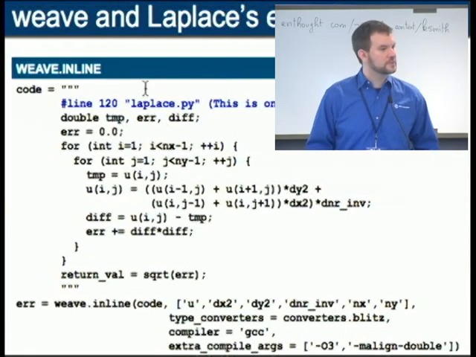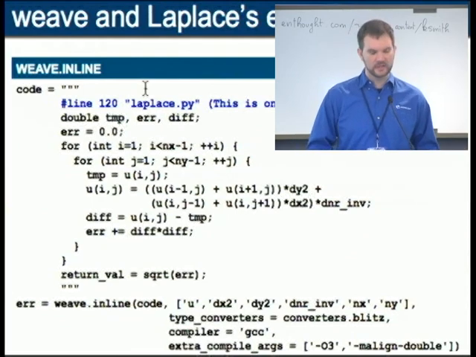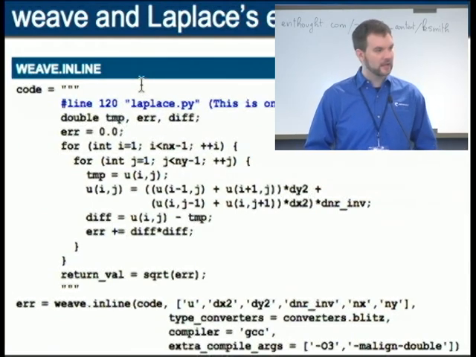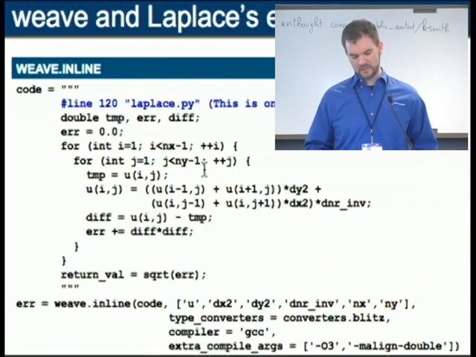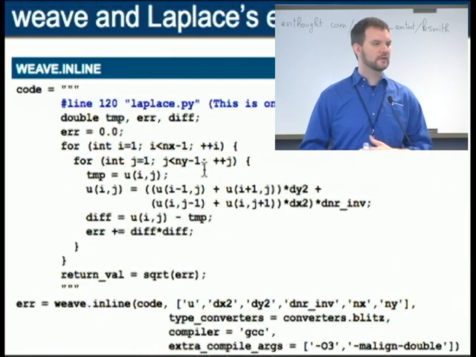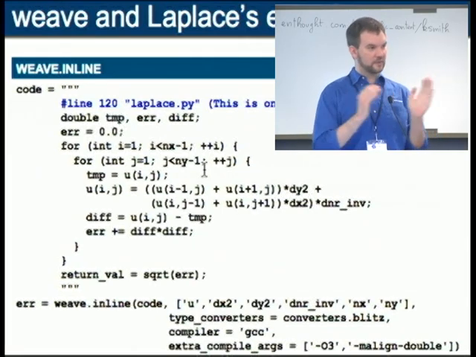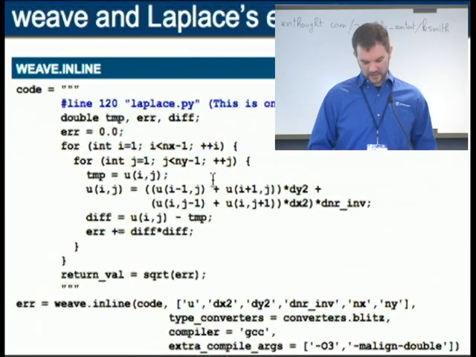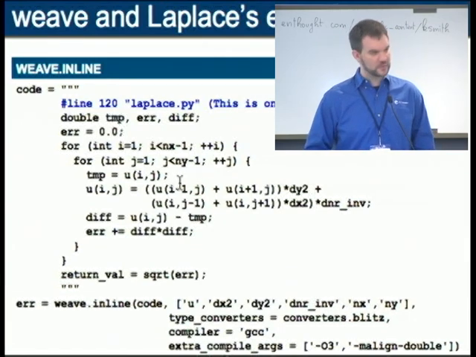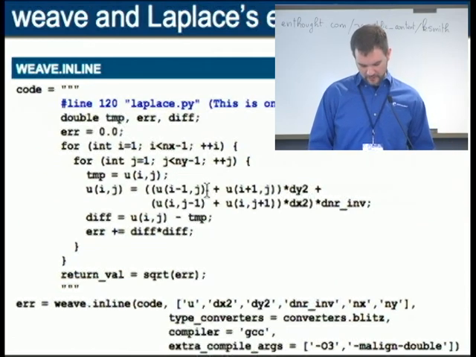Weave.inline is lower level, so you have more control, but you don't have all the nice features that you do in NumPy slicing indexing. Since this is being stuck into a C++ file, in C++ you can't overload the brackets and have comma separated things in there, so you have to use parentheses as a result. So that's why you're using parentheses instead of square brackets here. So it feels a little bit different.